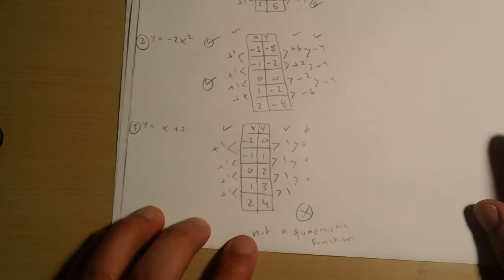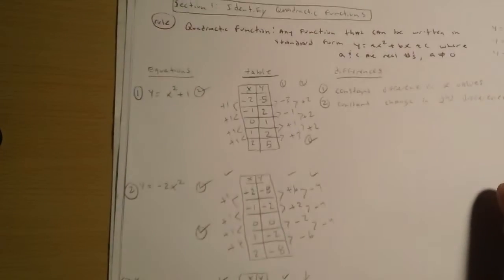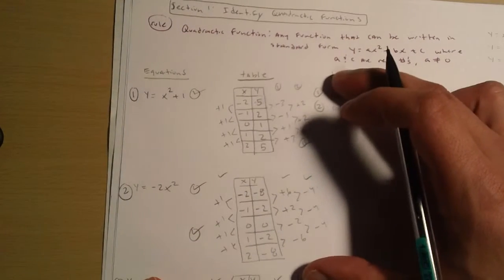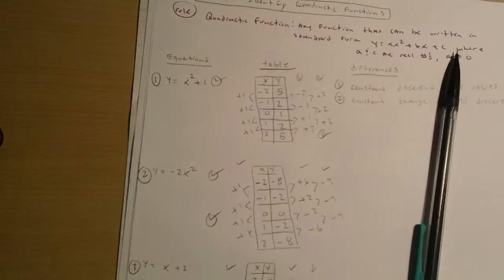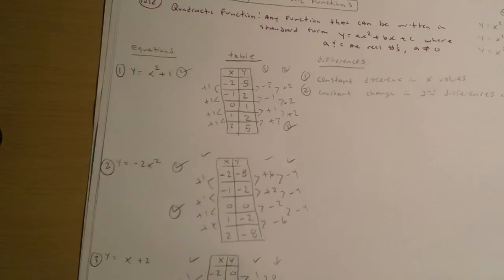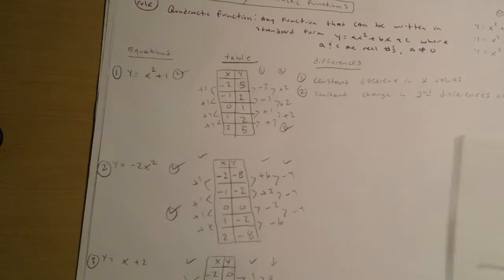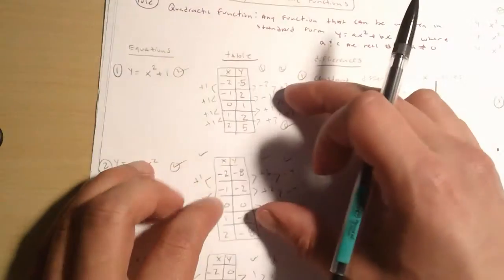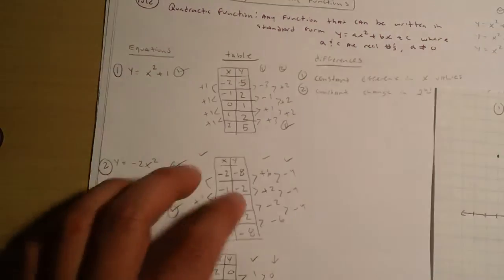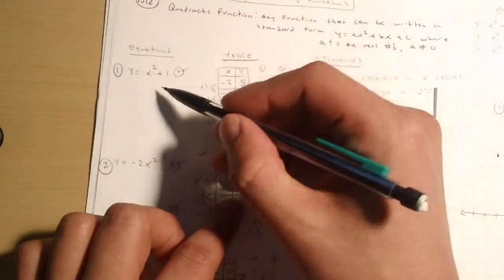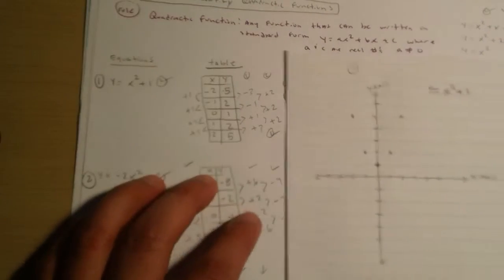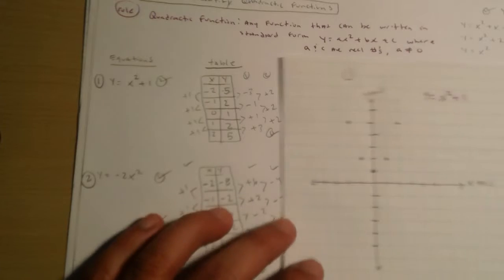Okay. Now, I want you to focus on these two. This is the next step for us. Now, we're going to use these tables that were given to us, and we're going to try and graph our equation. For our first one, I have the plots already pointed.